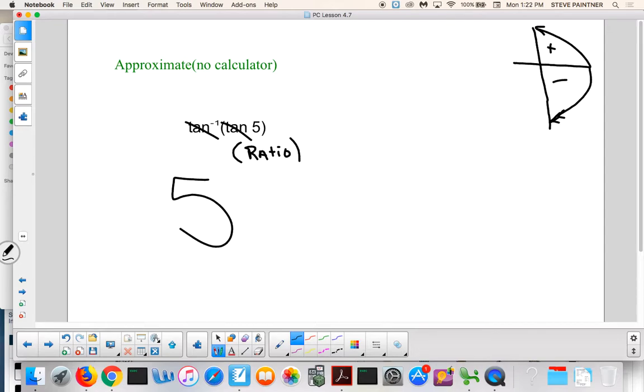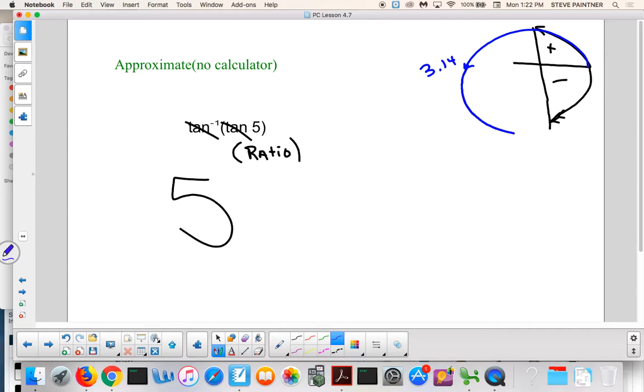Well, my question is, where's 5? On the right side. Is this 5 degrees or 5 radians? So 5 radians, when you think about it, how far is this right here? Pi radians, 3.14 radians.